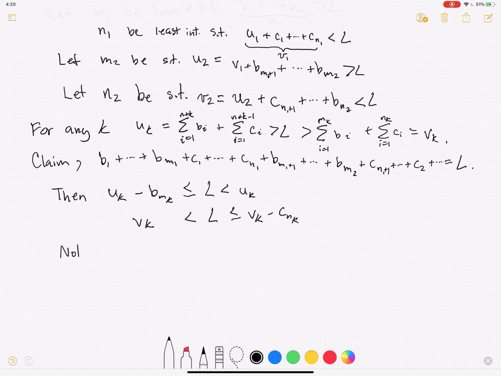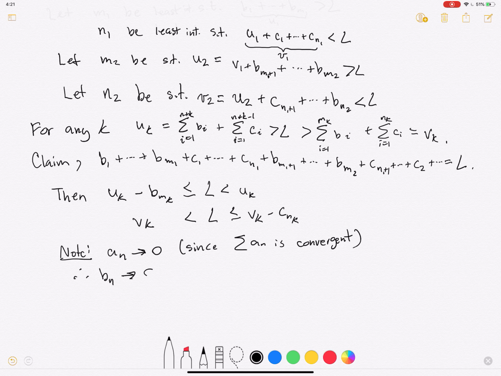Note that the a_n's go to 0, therefore the B_n's and C_n's go to 0, and that's because, since this is convergent, and we said last lecture that if it's convergent, then the terms in the sequence must converge to 0.